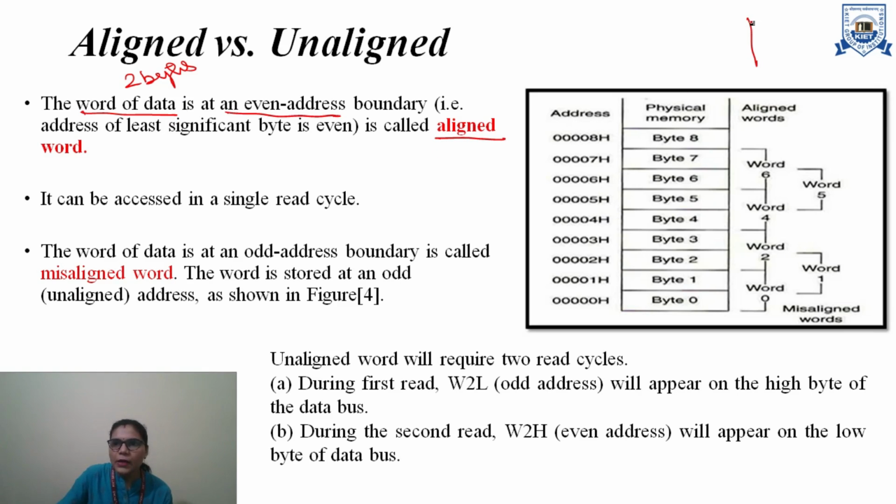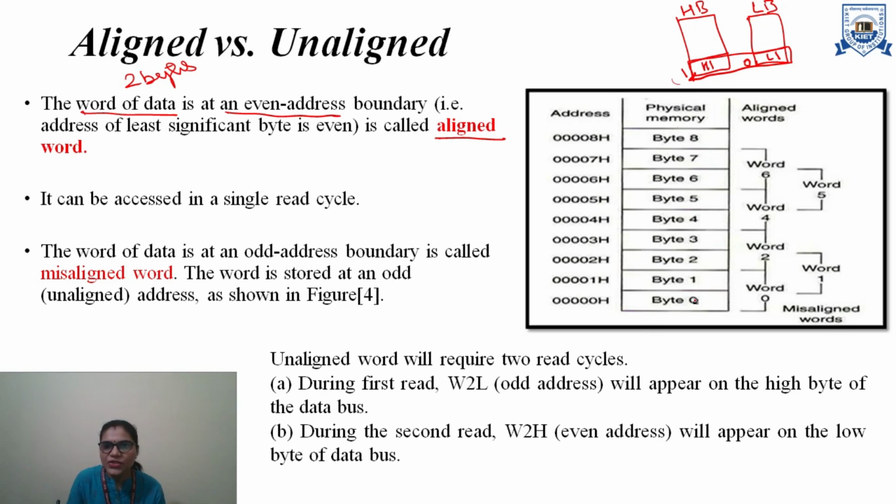We have a high bank and a low bank, with even addresses in the low bank and odd addresses in the high bank. If the lower byte is stored in the even address and the higher byte is stored in the odd address, then the word will be called an aligned word.